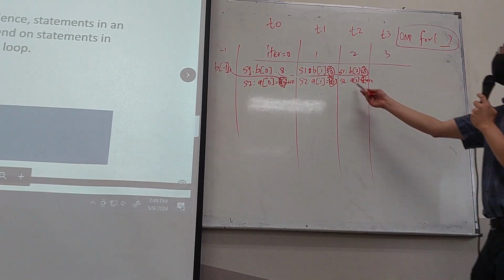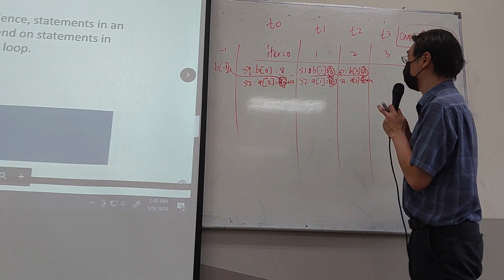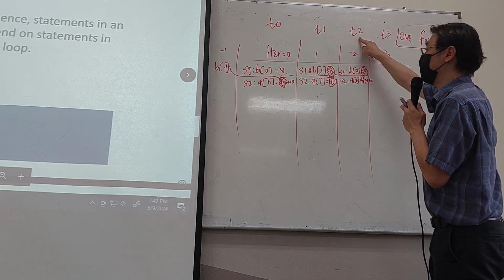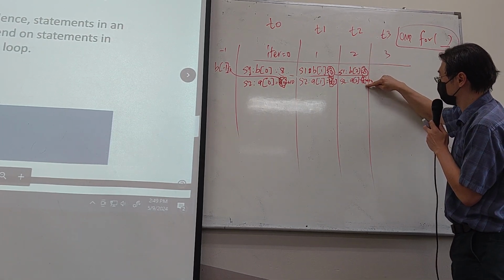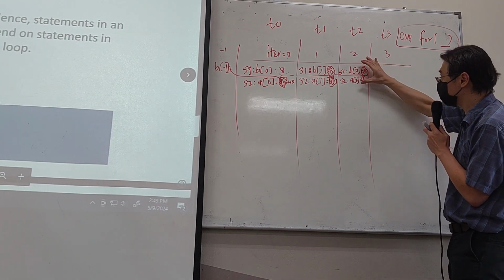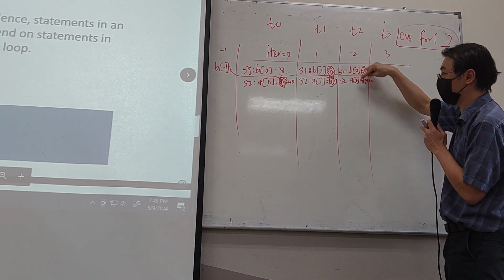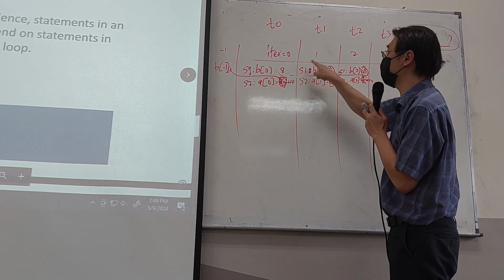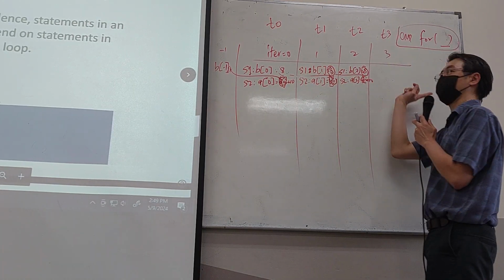Because they don't rely on one another. Of course, these two are dependent on one another, but they are executed at the same time. That means before you execute this, you have to execute that one. So these two are dependent, but it's fine. Within the iteration itself, if they are dependent on one another, it's fine. But it cannot depend on the result from the previous one, either from before or from after.